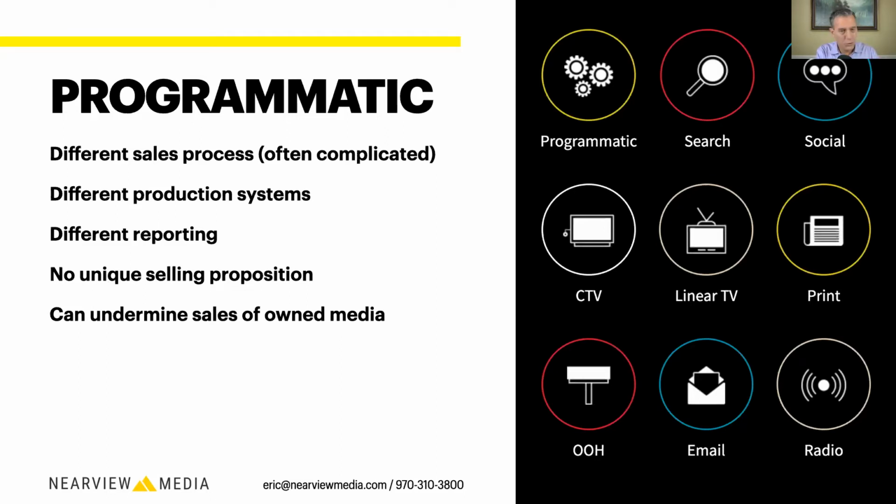So I don't want to get too deep into this here. I'm still a big fan of adding programmatic onto this, but not necessarily at the sacrifice of selling our own media. And this is where the audience extension advertising can really come into play and kind of meld these two worlds together into one thing.